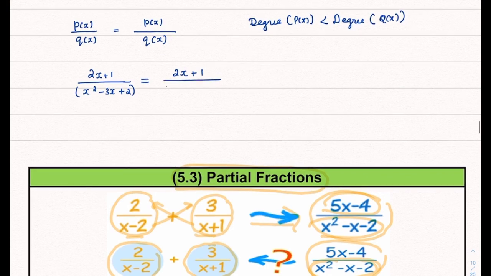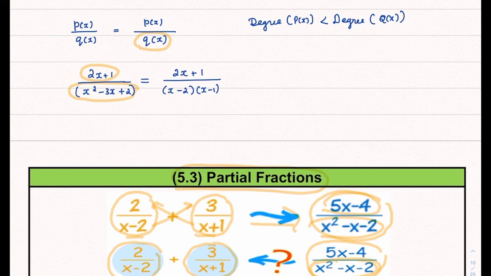So if I factor the denominator, I have x minus 2 times x minus 1. Here you see that the degree of the numerator is 1, the degree of the denominator is 2, so the degree of the denominator is higher than the degree of the numerator. So we are going to work on these kind of problems. We always try to factor the denominator before we do anything.